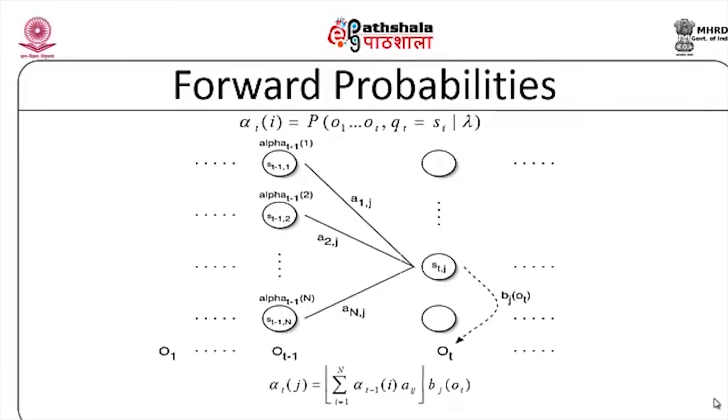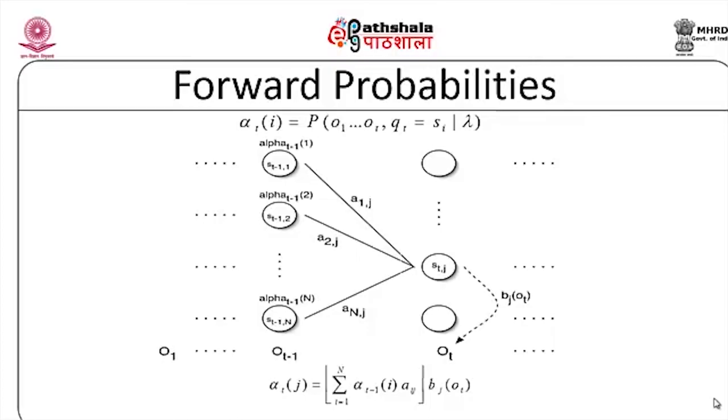So, let us understand the forward probability using the trellis. The probability is as we have defined there, alpha t of i, the forward probability of the state i at time t. We should have t minus 1 if we have to find out t. So, alpha t of j, going from i to j, is alpha t minus 1 of i, a_ij, b_j of Ot.